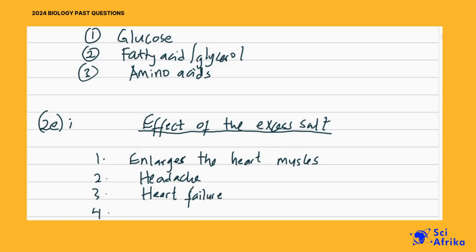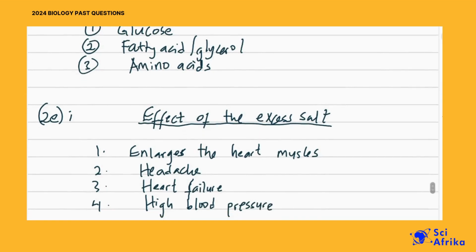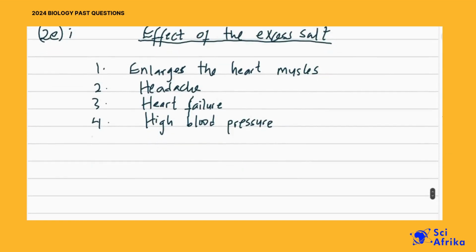Number four, could cause high blood pressure. High blood pressure can arise as a result of this excess salt. Could also have kidney stone. Kidney stone, or accumulation of the excess salt the person has taken. Kidney stone or kidney disease. We could also have osteoporosis in the individual.